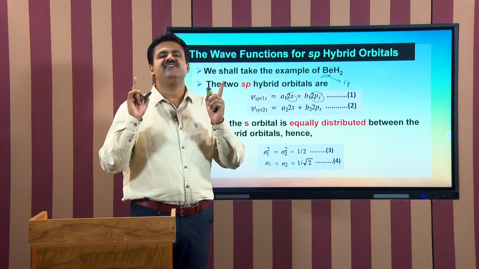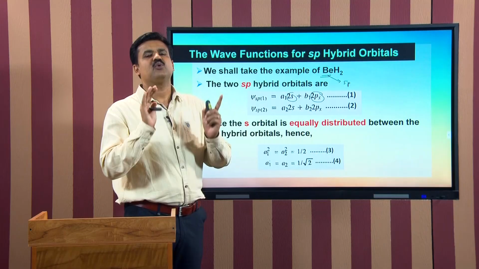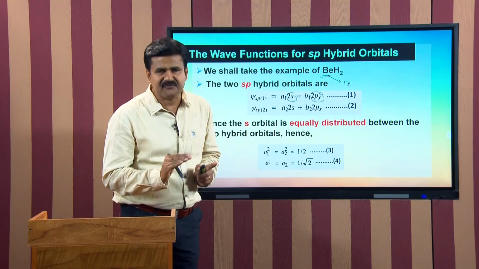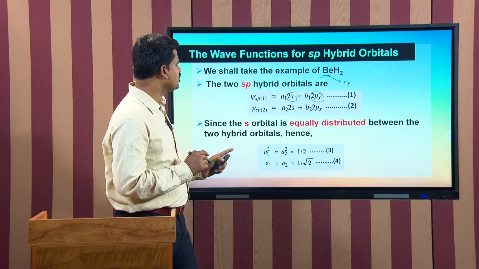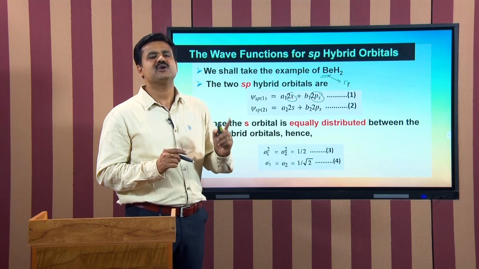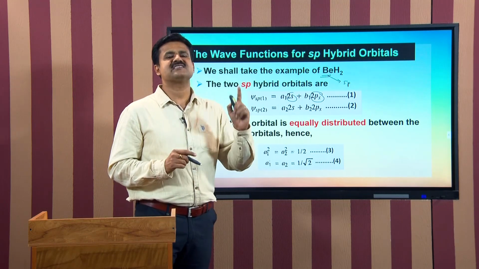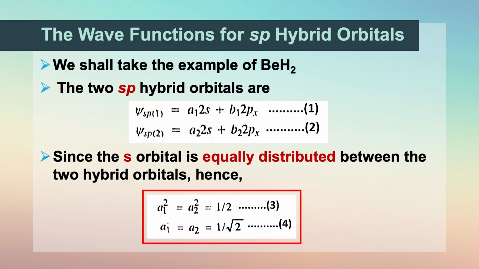Moreover, we know the fact that s orbital is equally distributed, or symmetrically distributed. Therefore, the coefficient of s orbital can be represented as 1 by root n, where n represents the total number of hybrid orbitals. So, a1 square is equal to a2 square is equal to 1 by 2, or simply you can say that a1 equal to a2 equal to 1 by root 2.